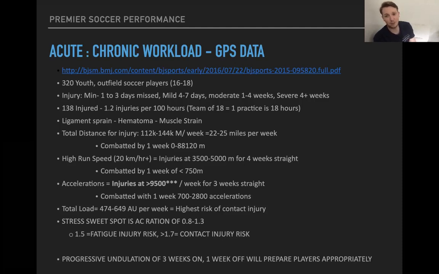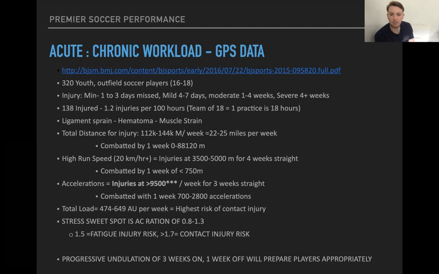The second attribute that they tracked on GPS was high speed running, the amount of times those athletes got over 20 kilometers an hour. To give you a reference, typical top speed for an Olympic sprinter is around 26 miles per hour.